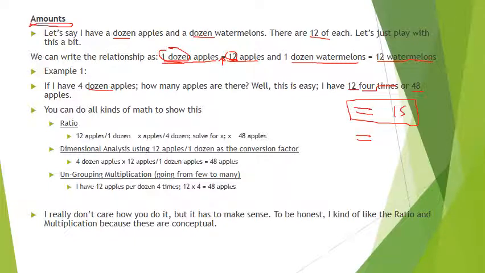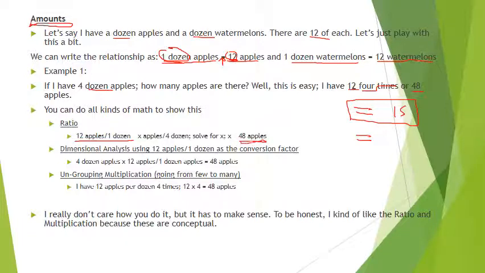I'm going to do it 3 different ways. One is ratios. Here's my initial ratio, which is the same as my conversion factor and grouping size: 12 apples per 1 dozen equals X apples per 4 dozen. Then simply solve for X, and you get 48 apples.